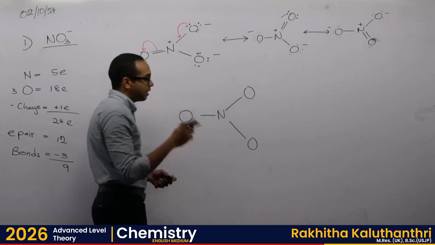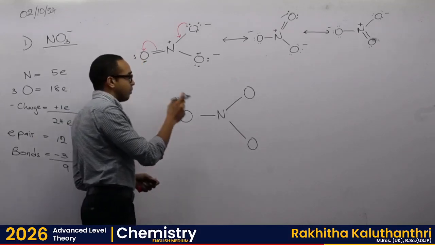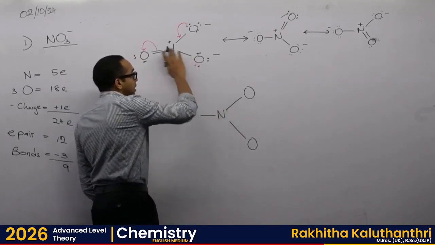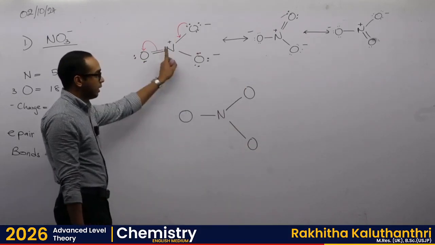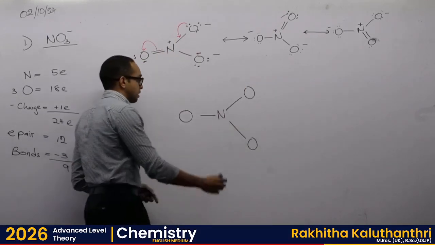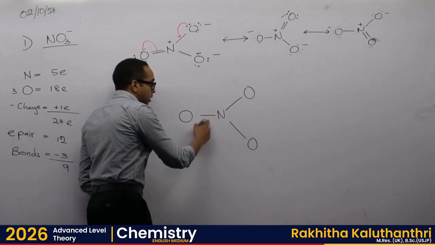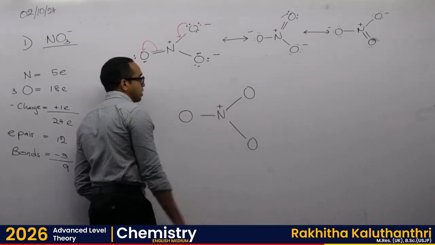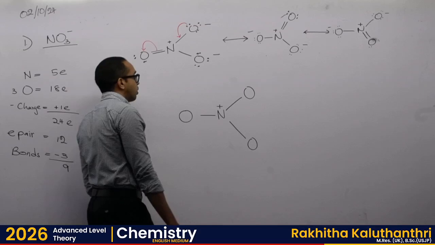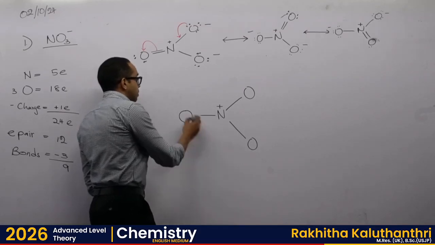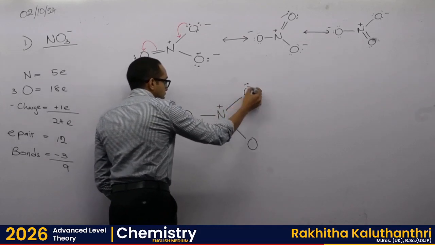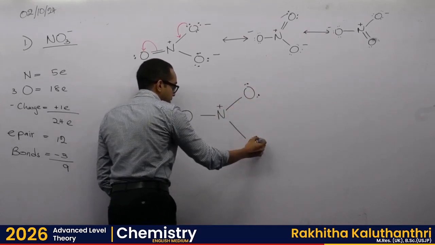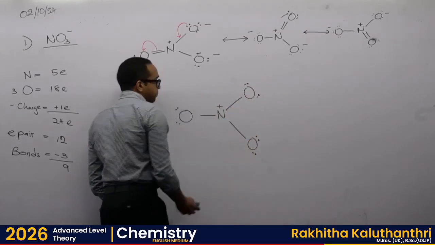So now the resonance hybrid. The resonance hybrid, students, consists of the basic thing that is common to all three resonance structures. Common to all three are these bonds, and on nitrogen there's always a positive charge, right? That is common. And on each of the oxygens we can see there are at least 2 lone pairs, that is common.